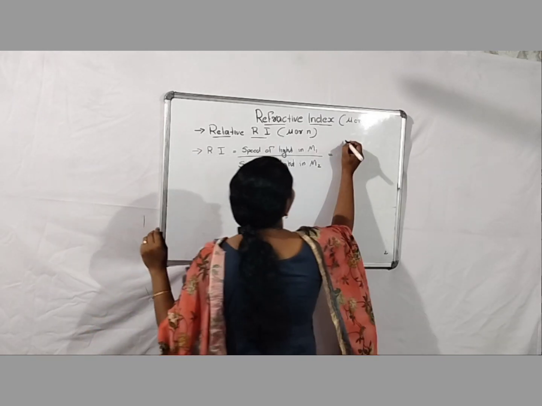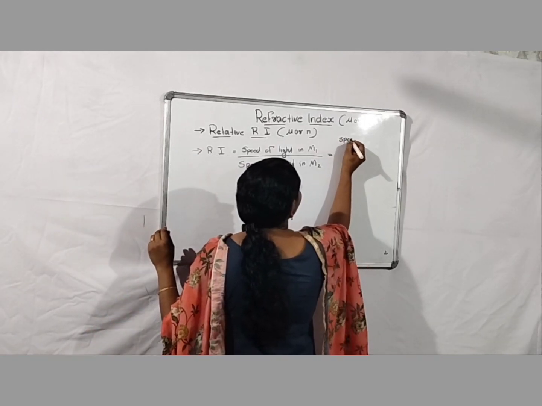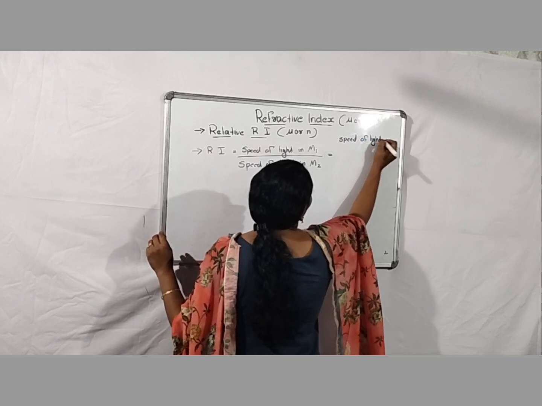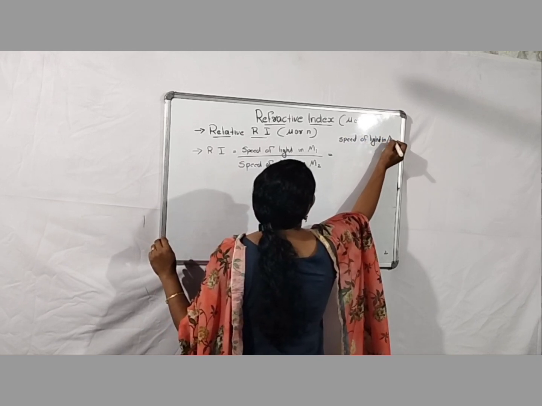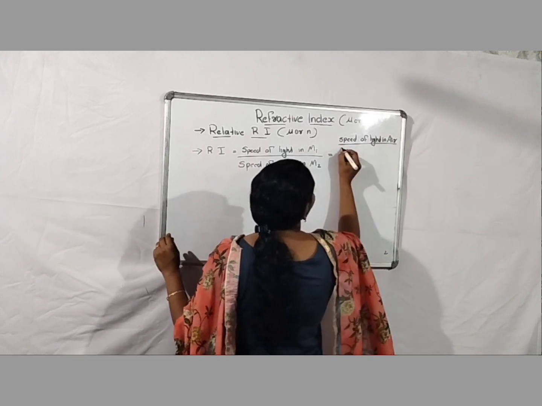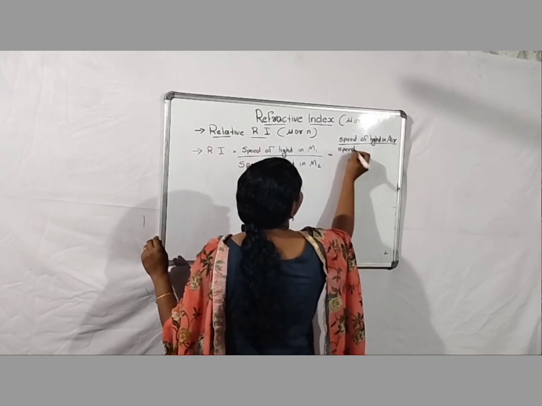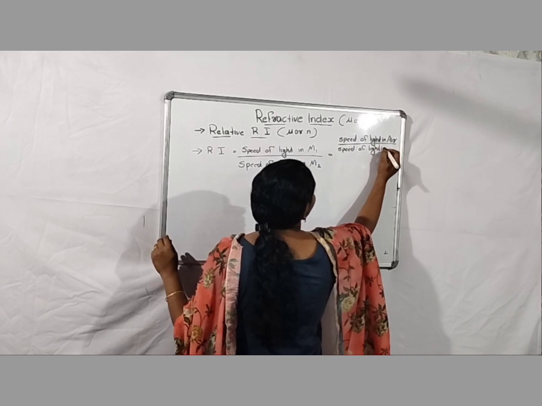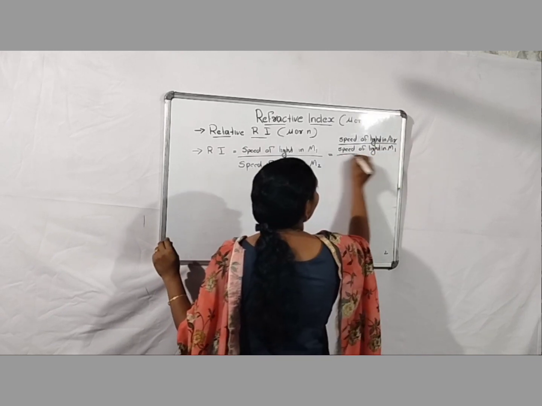So I can write here speed of light in air divided by speed of light in medium 1. I am right?